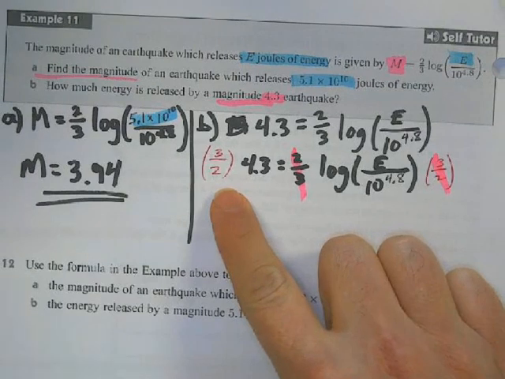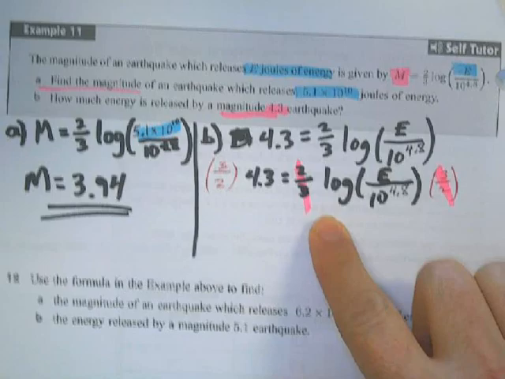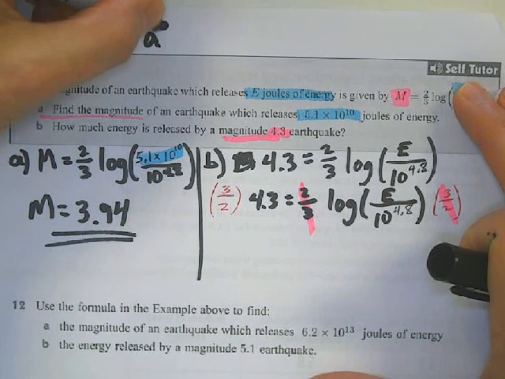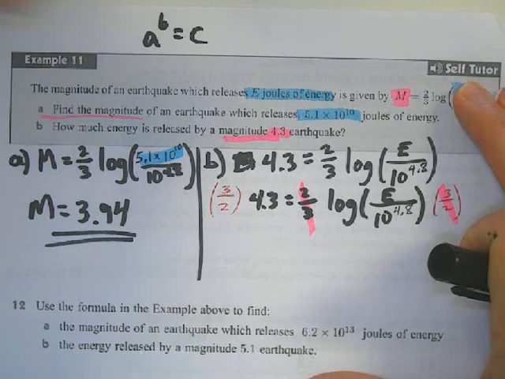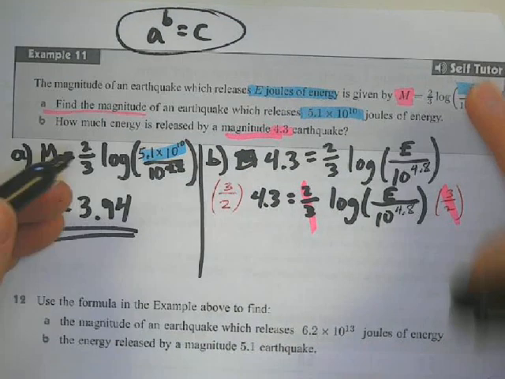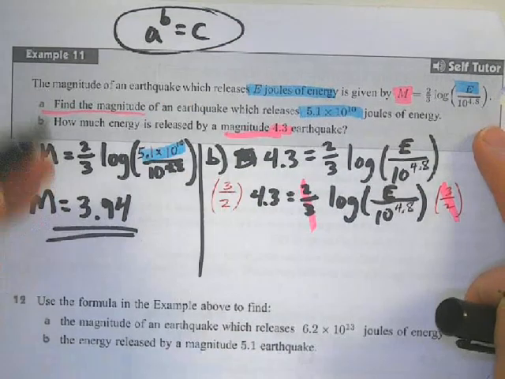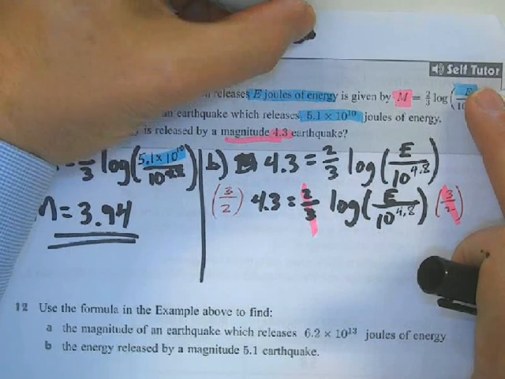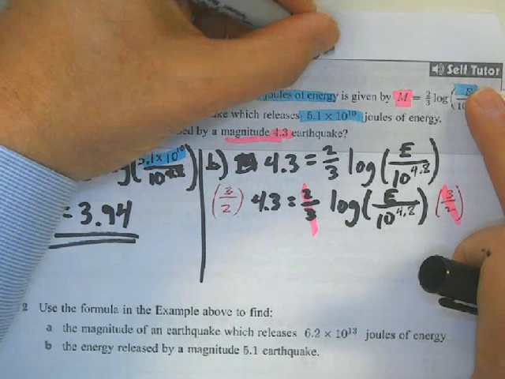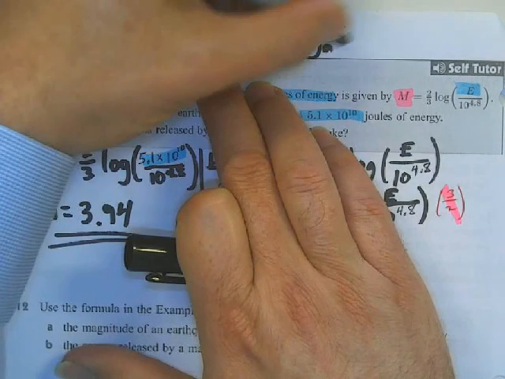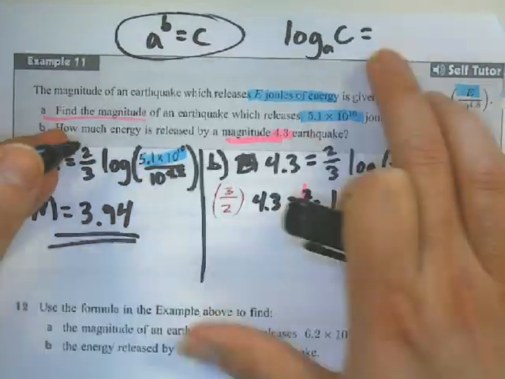If I've got a to the power of b equals c, we want to be able to convert this to log form. If we've got a log form, we're going to convert it to exponential form. Converting to log form, we have log base a, my argument is c, and that's equal to the exponent.